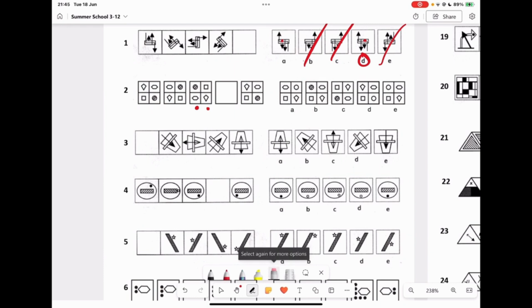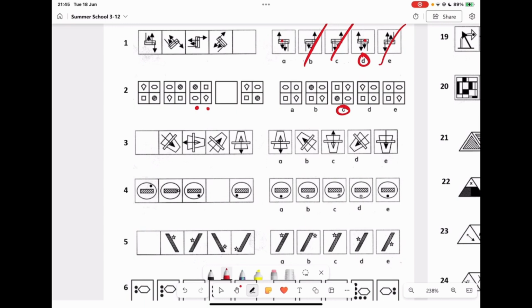So yeah, the hexagon will be in the bottom right, and the kite will be in the top right. Okay, so looking at that, we know that the answer would be C. Okay, so the answer for question 2 is C.